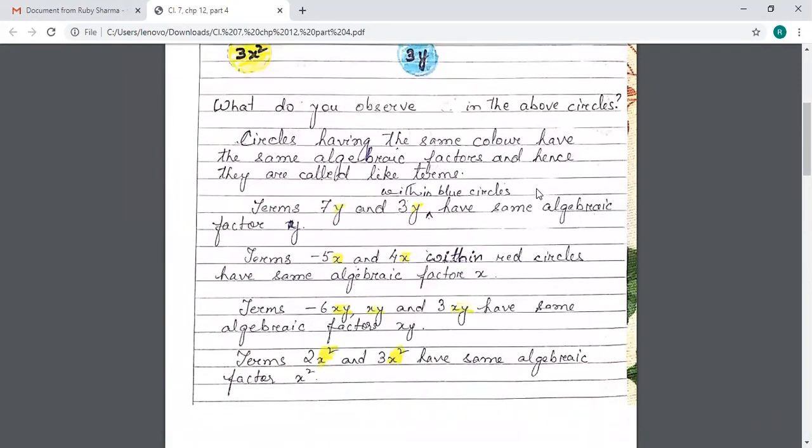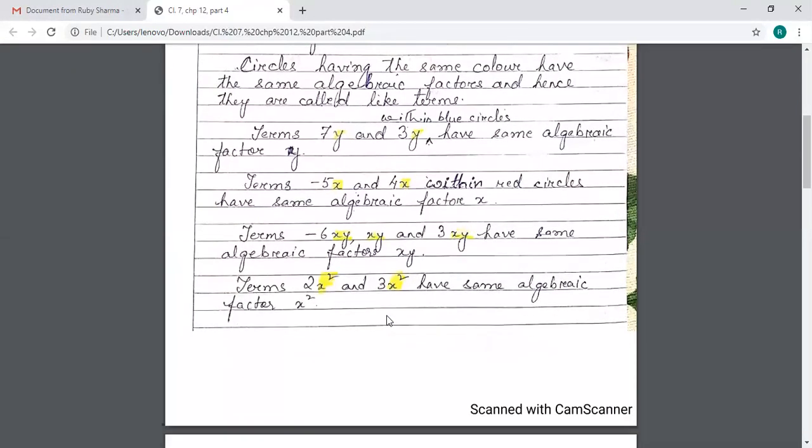Then again, 2x square and 3x square, they have the same algebraic factor, x square. That is x into x. So they are also like terms. Like terms are important because for addition and subtraction, we need the like terms. We have to know which are the like and unlike terms. So I hope it's clear with your like terms.